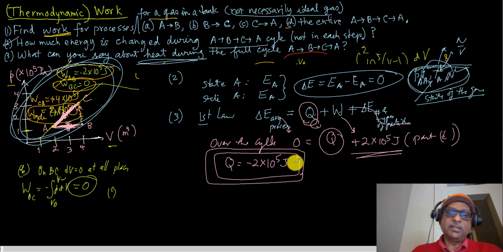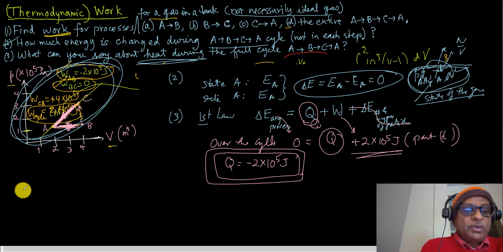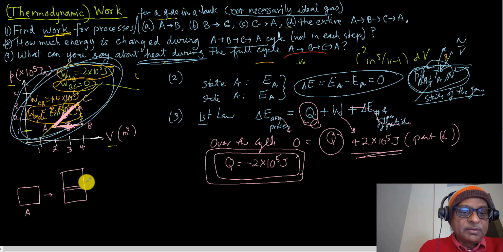So let's dig a little deeper and see what could have gone on in each process. We had gas at A, and then we went to B, where we kind of doubled the volume, and then we stayed there.